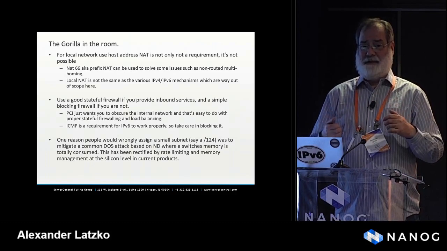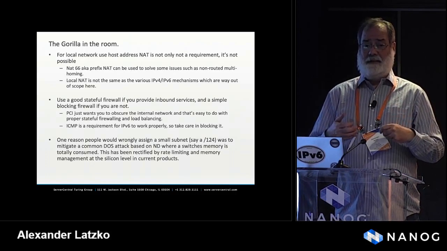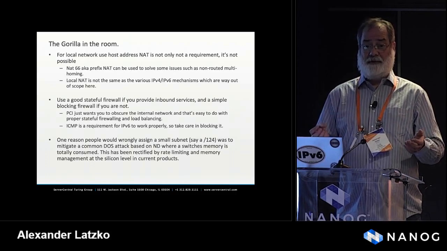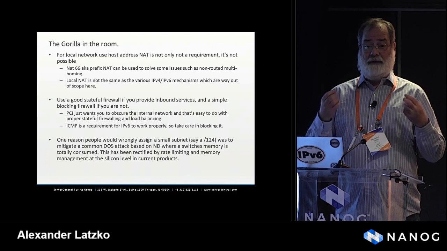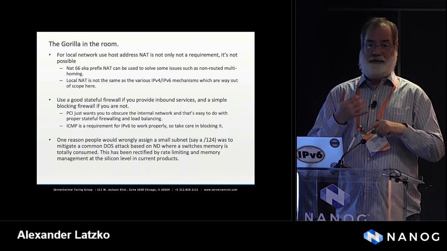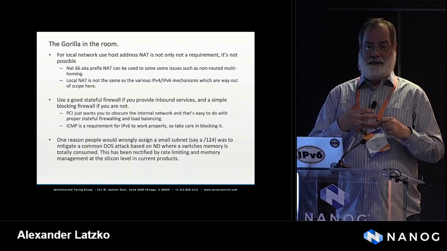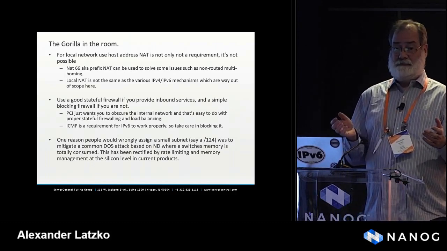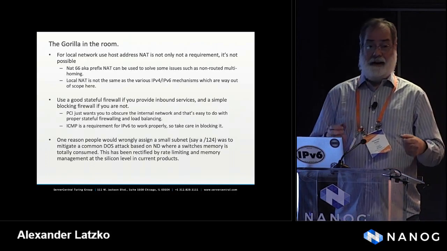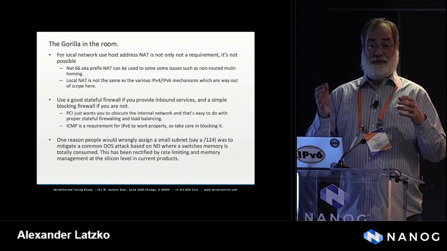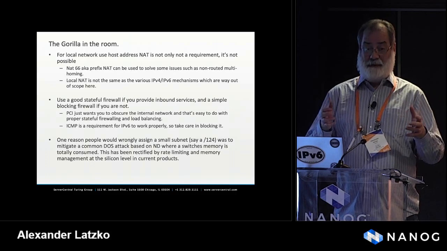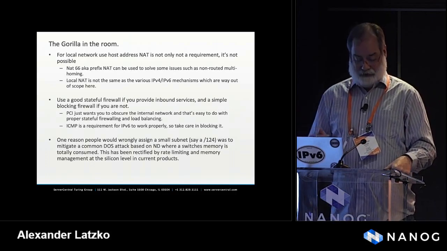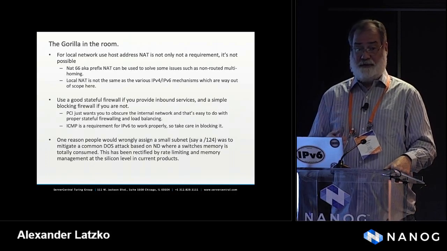That was true maybe 10 years ago. Now it's been fixed in hardware on all modern top-of-rack switches. All of the later versions, IOS XR has fixed it, Junos fixed it in 13. There's no issue with the /64 at the edge. And I have taken an Ixia and tried to break various bits of hardware and haven't been able to. So don't do it, because your switch will switch faster with /64s.